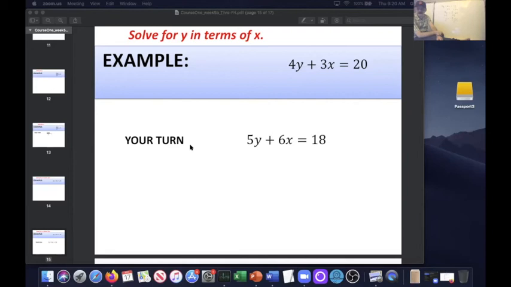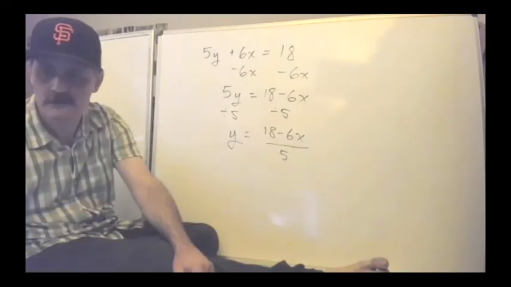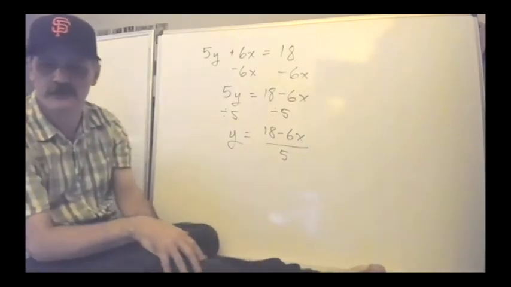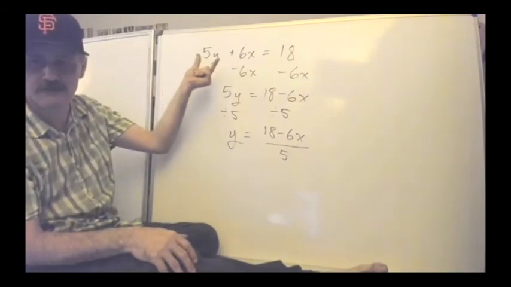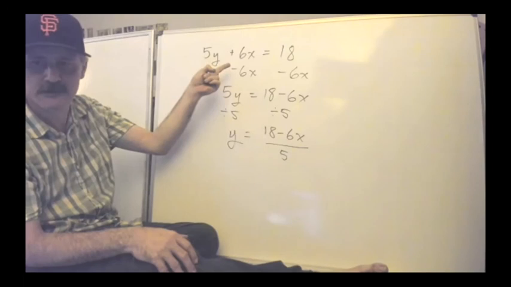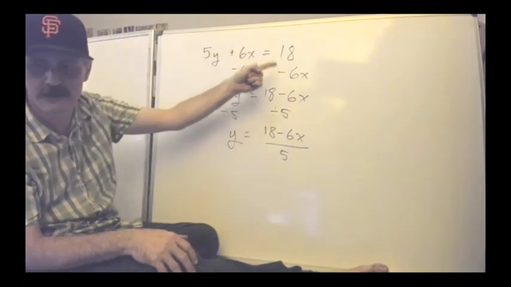Okay, so I'll wait another 10 seconds. Okay, so we're solving for y. So we're going to leave the 5y by itself. So I'm minusing the 6x. Now again, that's not 18 minus 6.